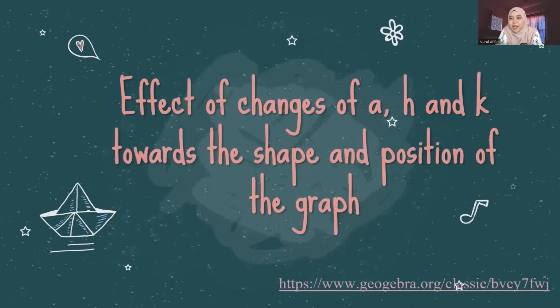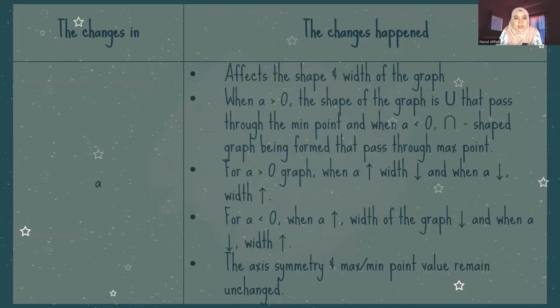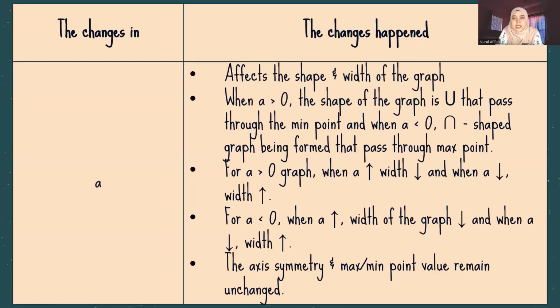Okay, next I will explain more on the effect of changes of a, h, and k towards the shape and position of the graph. The changes in a affect the shape and width of the graph. For the graph a more than 0, the shape of the graph is a U shape that passes through the minimum point. And for the graph a less than 0, an upside down U shape graph is formed that passes through the maximum point.